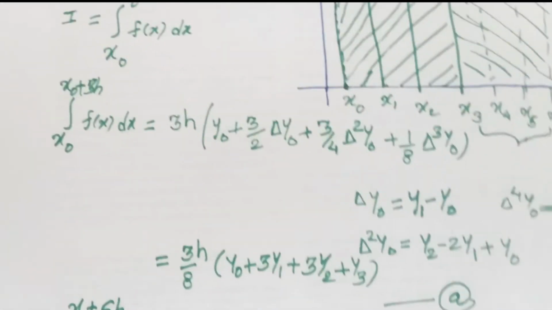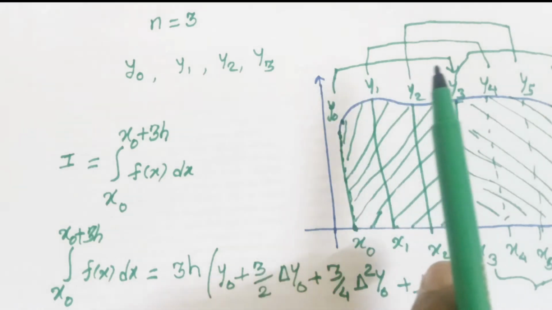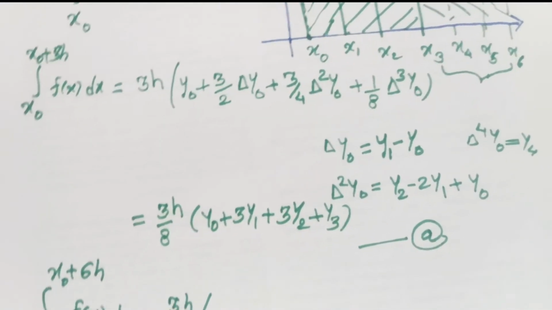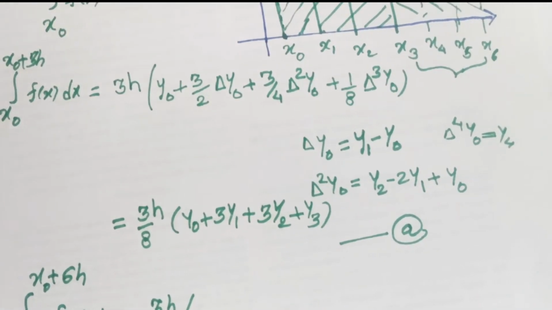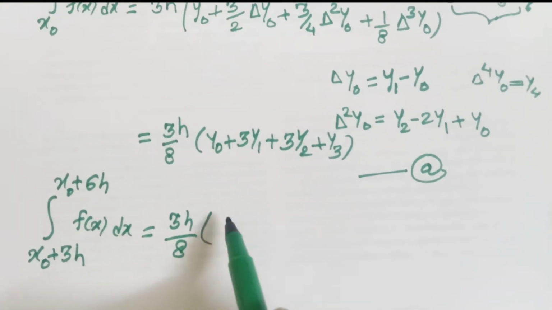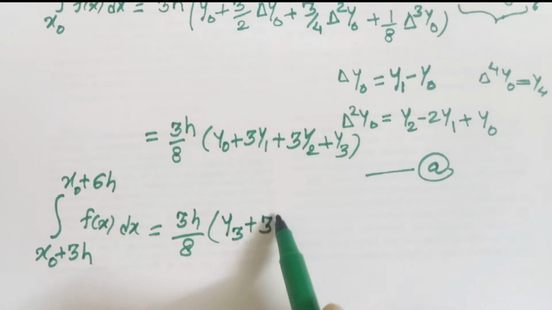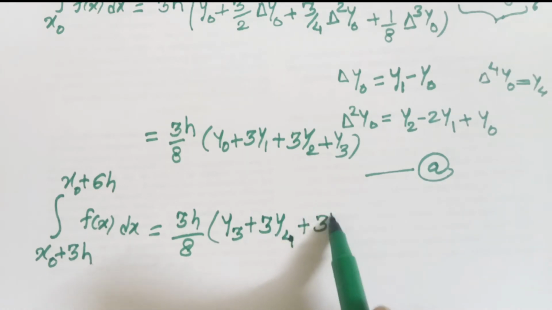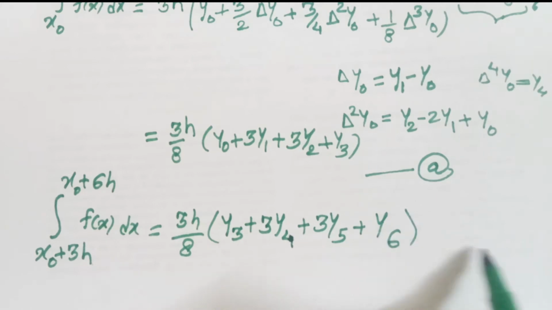Here y0 is replaced by y3, so we get y3 plus 3 times y4 plus 3 times y5 plus y6.